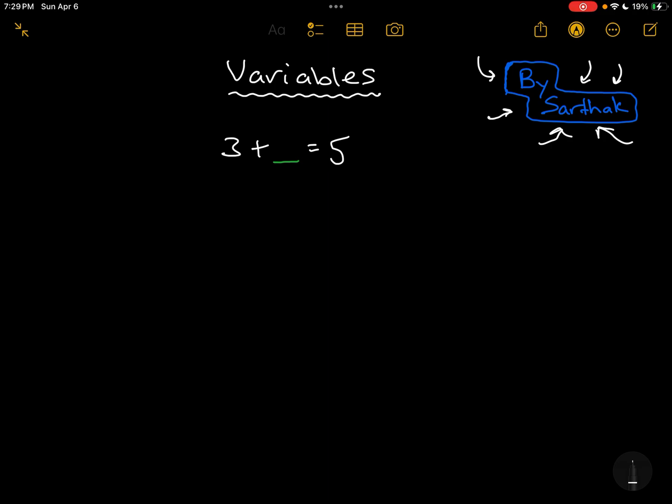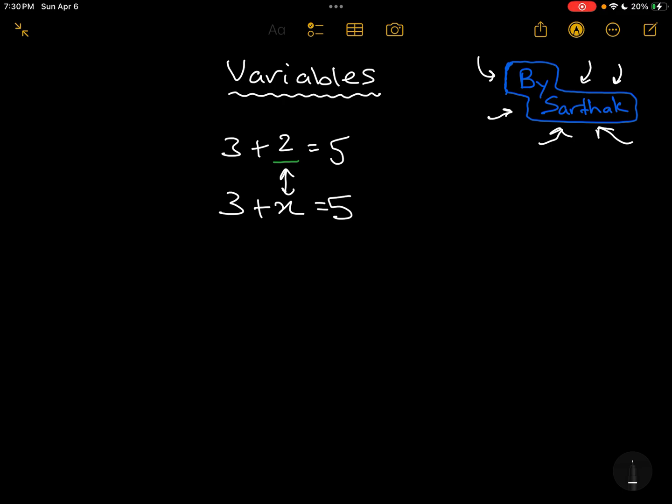Now, yes, clearly we can see this is 2. We all realize. But instead of just putting a blank there, you can also do this: 3 plus x equals 5. It's still the same placeholder. They're interchangeable. Both can be used as a variable. This green underline or blank can also be used as a variable. So you guys have been working with variables. You just didn't realize it.